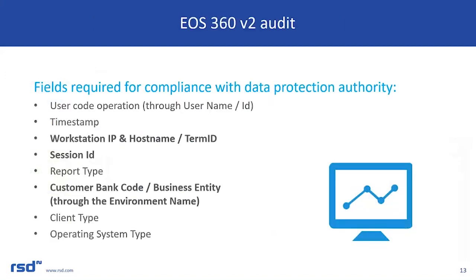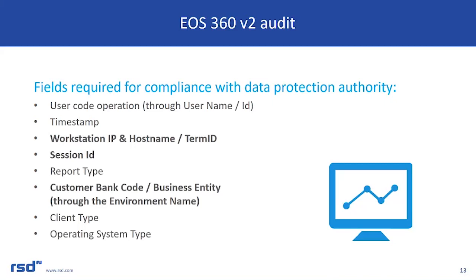So the other area in version 2 that we are addressing is the audit. As you know, we currently cut SMF records. However, what we're going to do for version 2 is in the auditing records, we highlighted, and you see them in bold here, the workstation IP, the session ID, customer bank code.